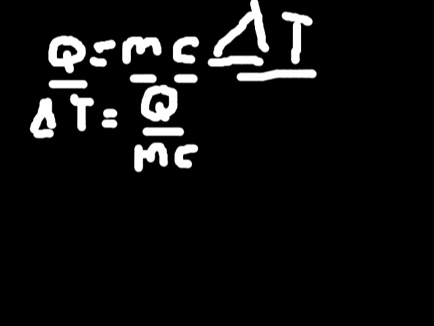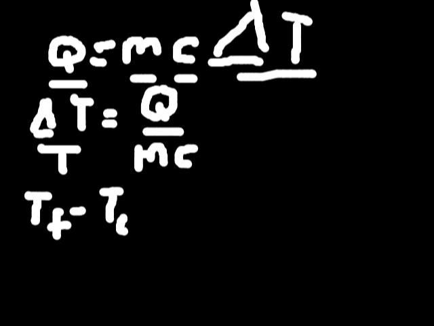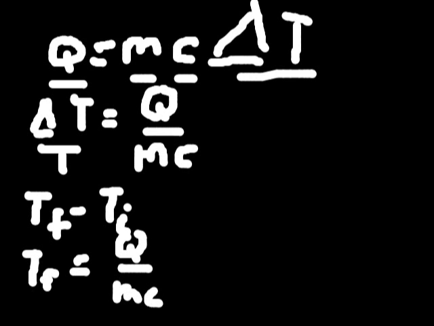And that means I'm going to separate delta T into Tf minus Ti, because that's the same thing as the change in temperature. And you get Tf is equal to Q over MC plus Ti.